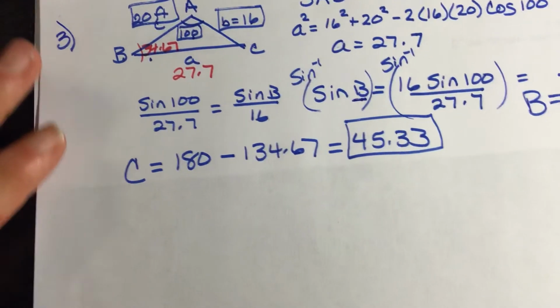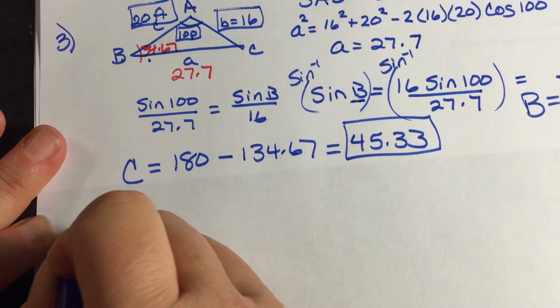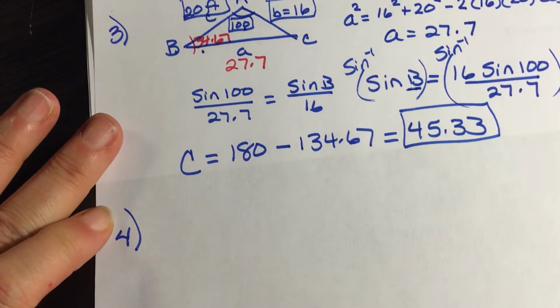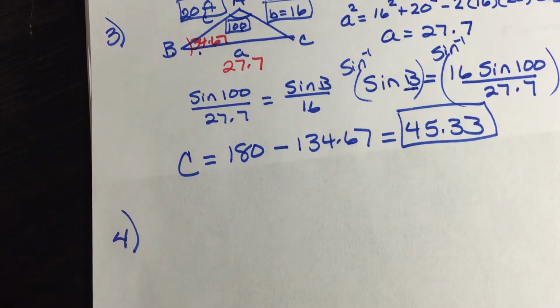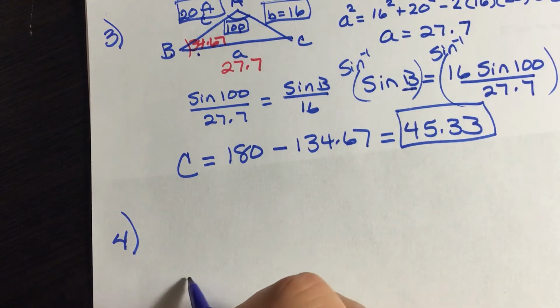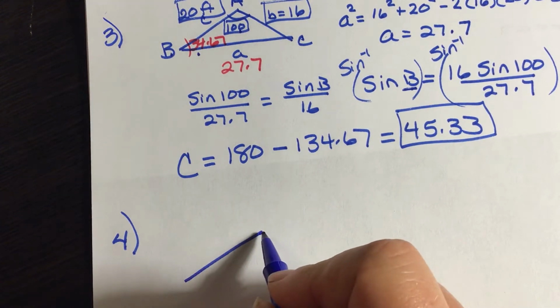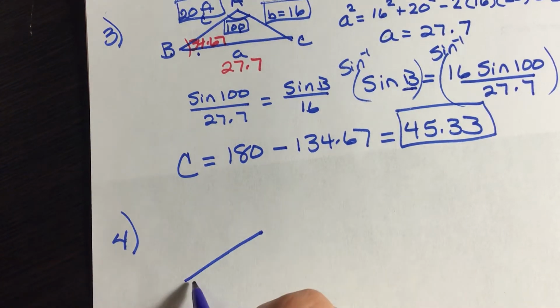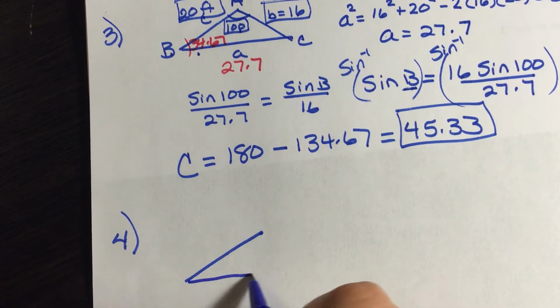Number 4. On number 4, I have a triangle. A is 3, B is 4, angle A is 10. So let's draw this.